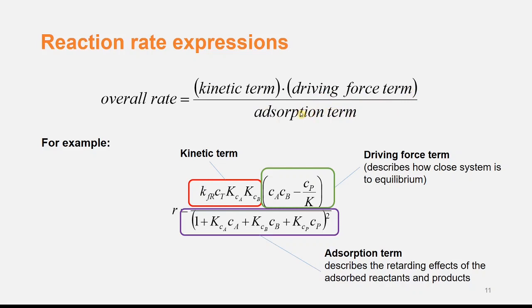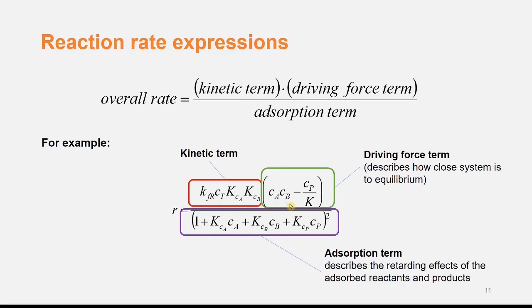To illustrate, this is an example rate expression. We will derive this in detail, but for now, just look at the form. Here is the kinetic term, which is related to the intrinsic reaction rate. K subscript fr is the rate constant of the forward reaction.